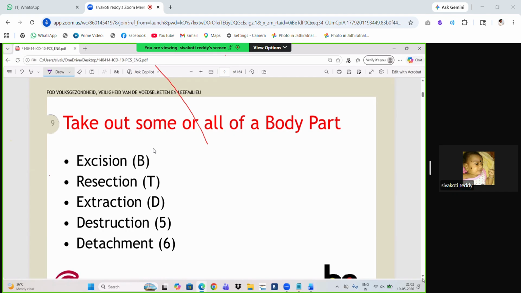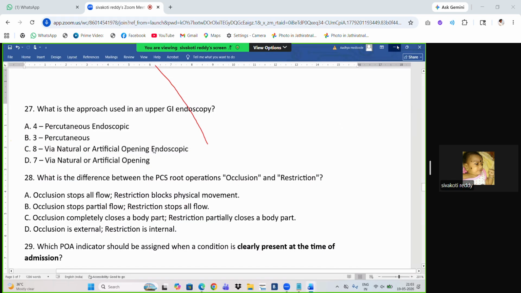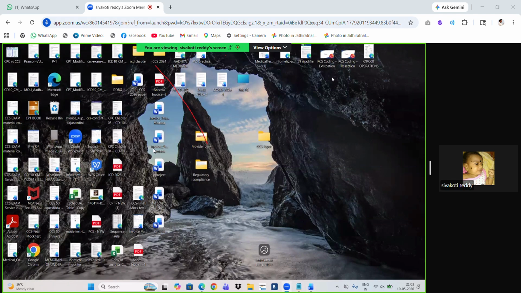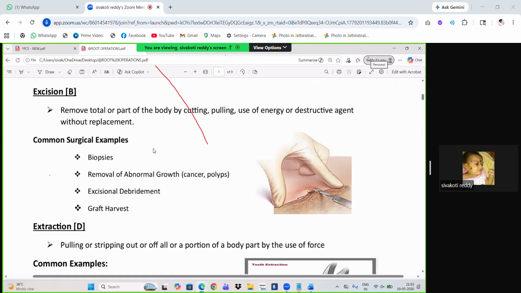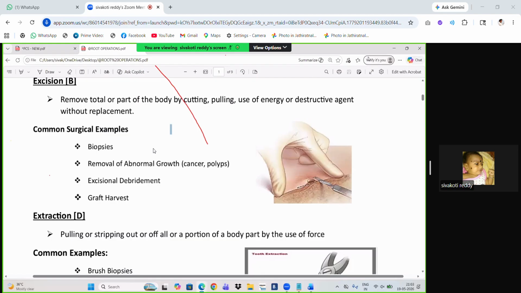Removal of a portion of a body part is excision. Note down the examples: biopsies, removal of abnormal growth, excisional debridement, graft harvest.